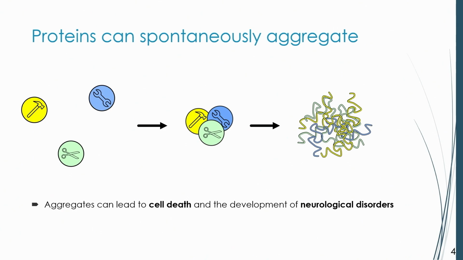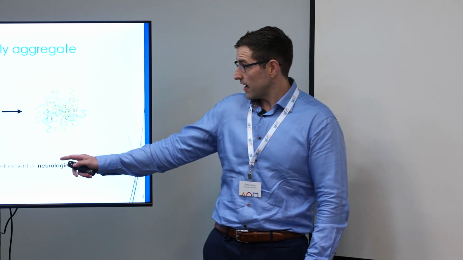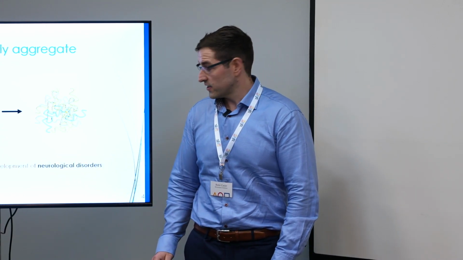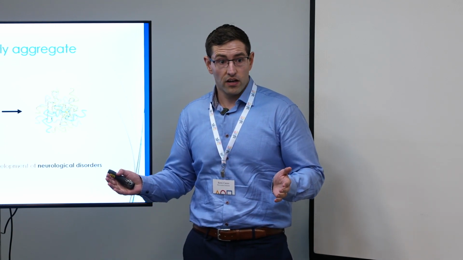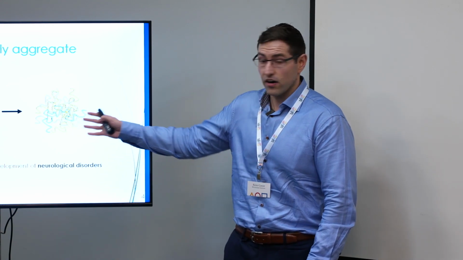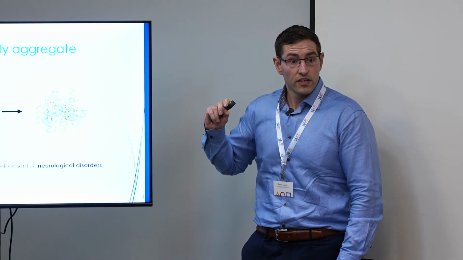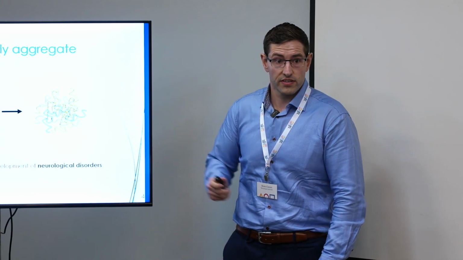If this aggregation process remains unchecked inside our cells, it can lead to cell death or to the development of neurological disorders. But we live pretty long lives, and this occurs in all of our cells all of the time. So somehow our cells have figured out a way to reverse this process.